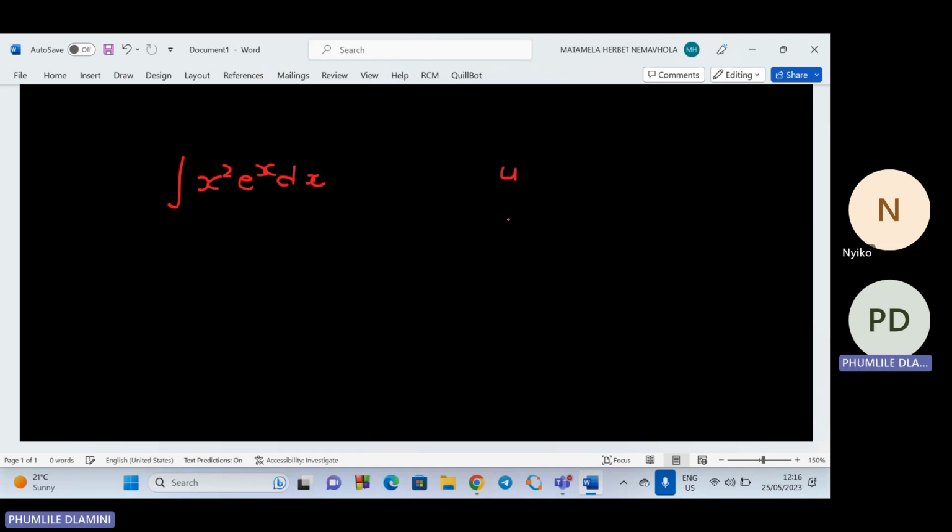We are going to first write u, du, v, dv. So now we check here, which one can we write as dv? We can use e to the power x dx, because we know that v here is going to be e to the power x. Then u, we're going to make it x squared. When we differentiate this, it is going to be 2x dx.